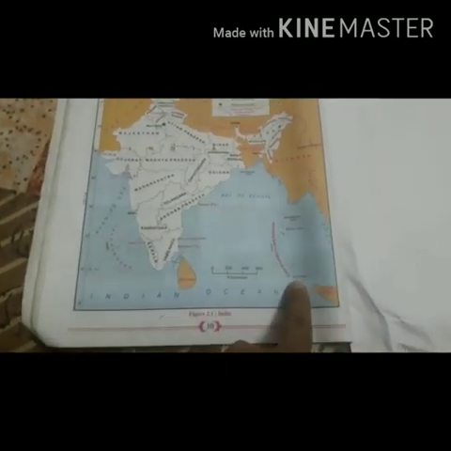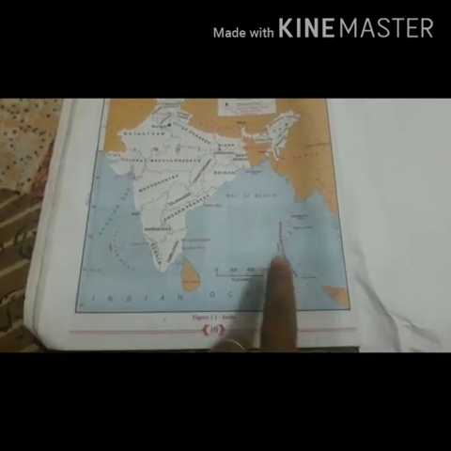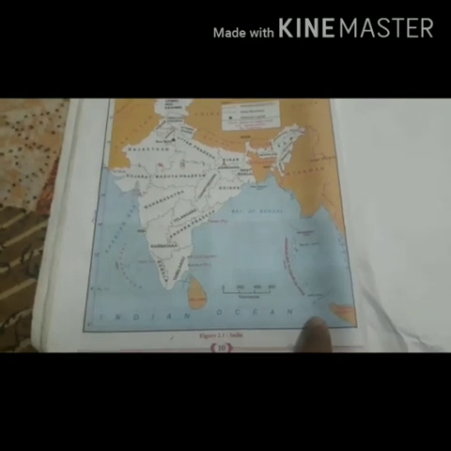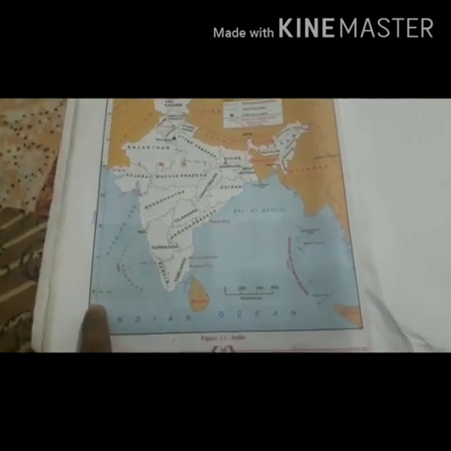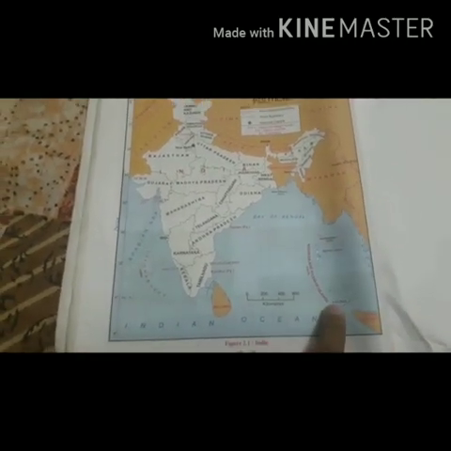This is all about the latitude and longitude of India. Now we will talk about Indira Point. Indira Point is the southernmost tip of India, but it is submerged due to the tsunami. It is located at 6 degree 45 minute north.